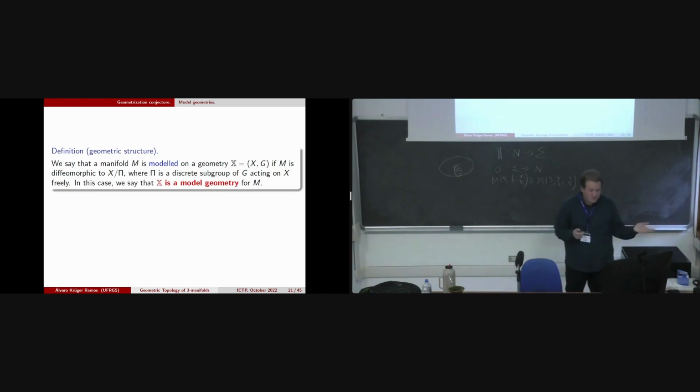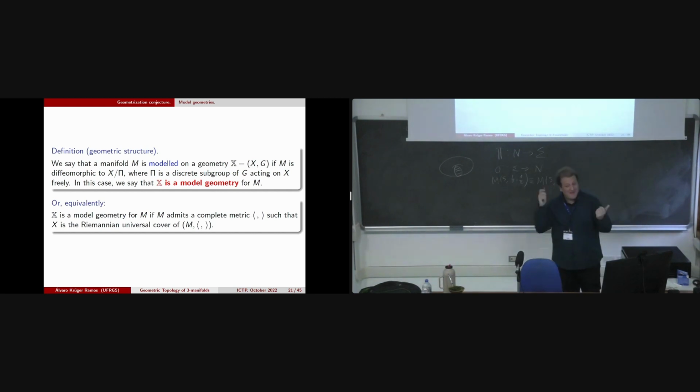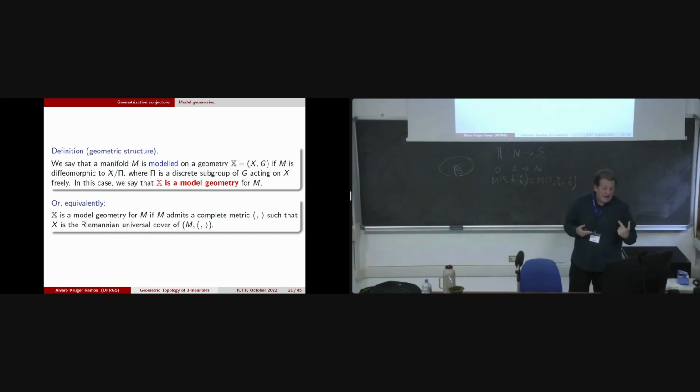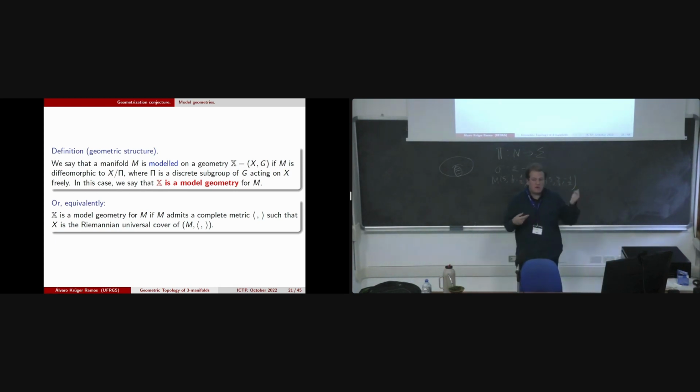I'd rather go for the Riemannian version, which would be: X is a model geometry for a manifold M if M admits a complete metric such that X is the Riemannian universal cover of M with that metric.